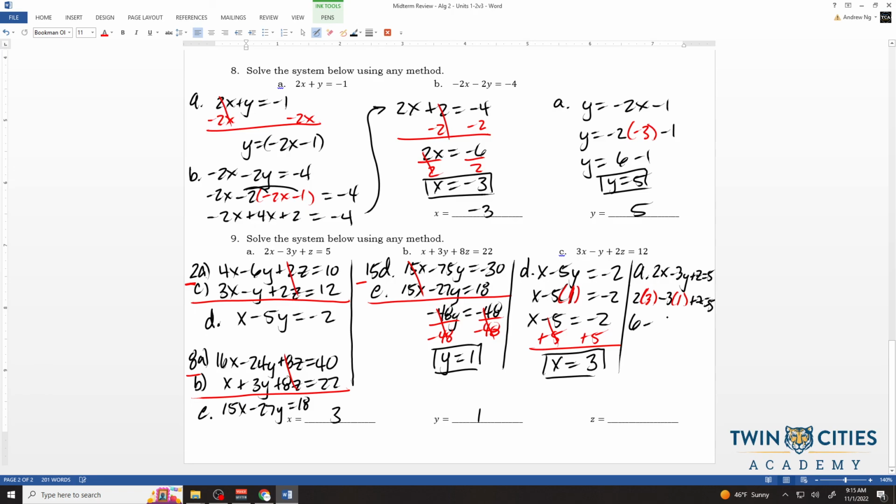So this is 6 minus 3 plus z is equal to 5. 6 minus 3 is 3, plus z is equal to 5. And then subtract 3 from both sides. z equals 2.